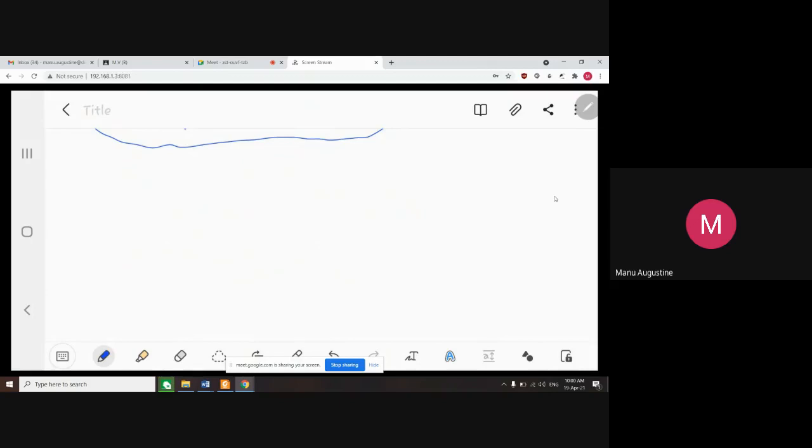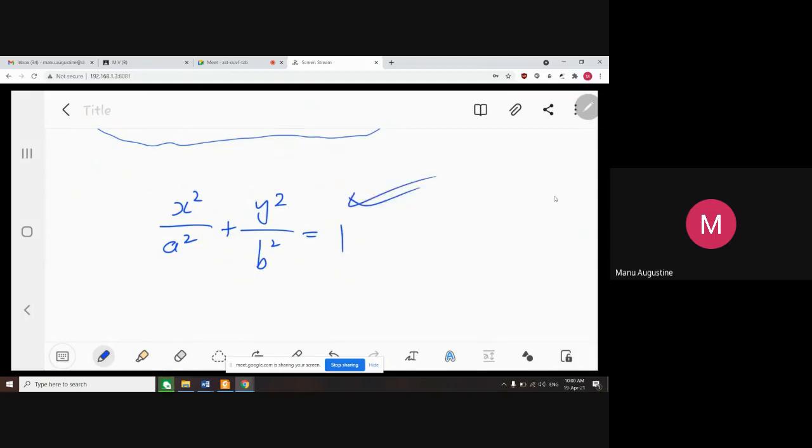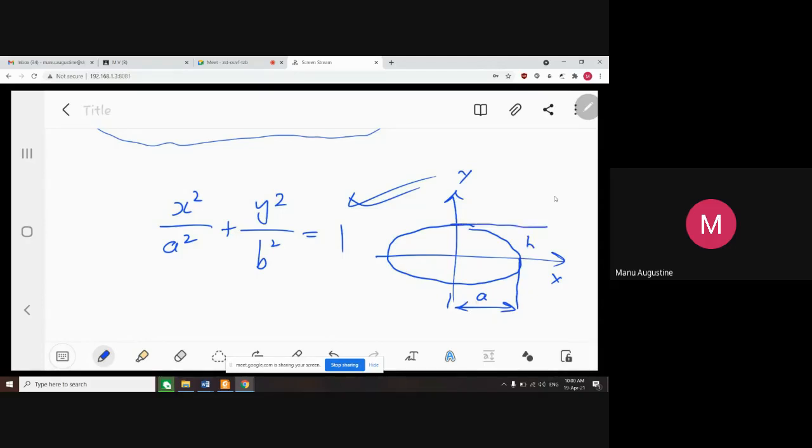If instead of showing you this equation, I had shown you x square upon a square plus y square upon b square equal to 1, then you would have definitely jumped to the conclusion that yes, this is an ellipse. Okay, this is the x-axis, this is the y-axis, and if this is the ellipse, the semi-major axis of the ellipse on the x side is a, and the semi-axis on the y side is b. This is the ellipse for which the equation is written like this.